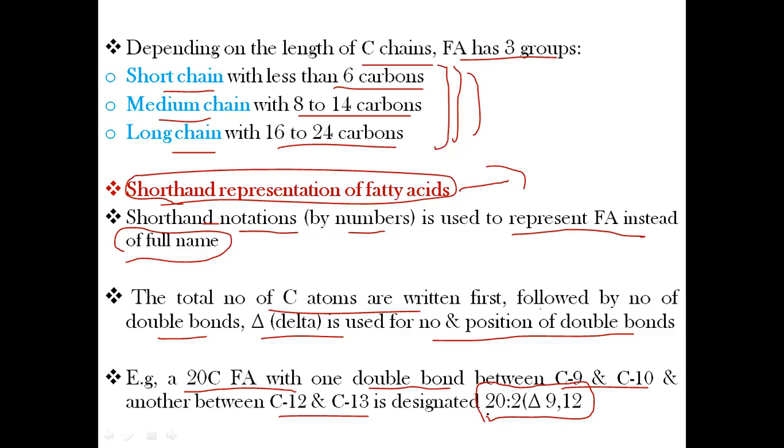So 20 means the fatty acid contains 20 carbons, and 2 means it contains 2 double bonds, which are present between carbon 9 and 10 and 12 and 13. Delta 9, 12 means that it contains 2 double bonds, one at carbon 9 and another at carbon 12. So this is the short representation of a fatty acid, and it is used instead of its long name.